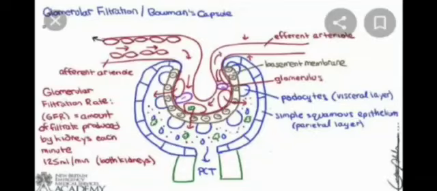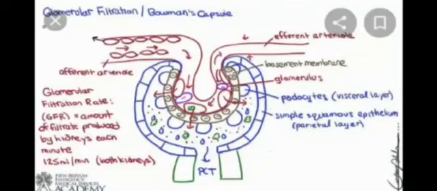In between the blood capillaries and the visceral layer of Bowman capsule is present a basement membrane. In this diagram, the parietal layer, which is made by simple squamous epithelium, can be seen as the rectangular outer blue colored cell.